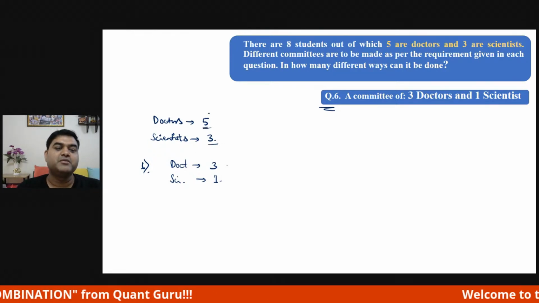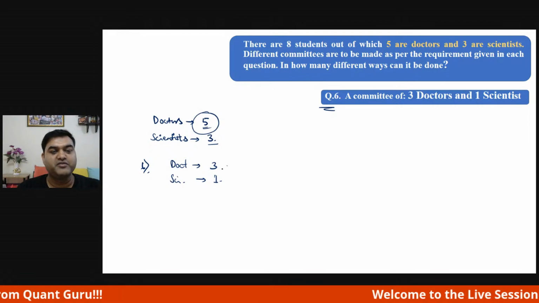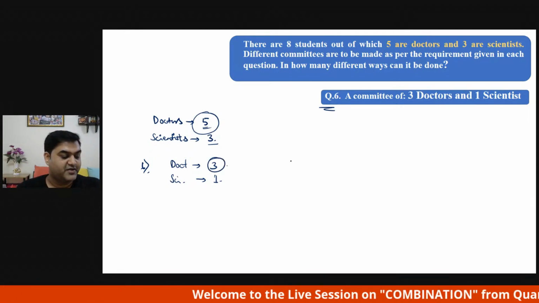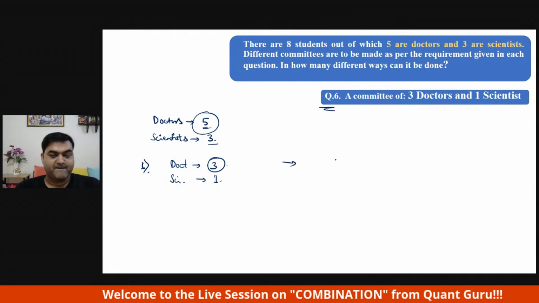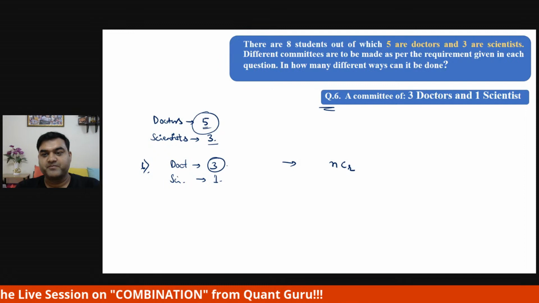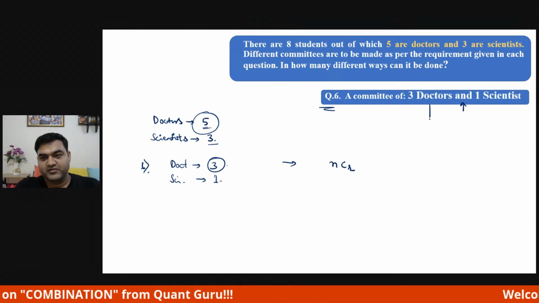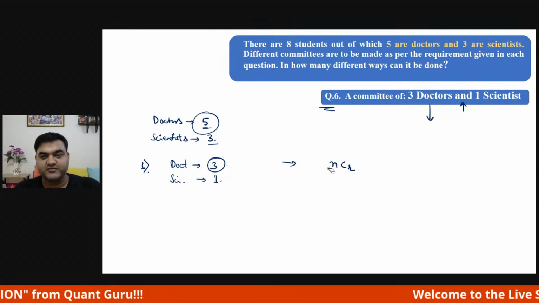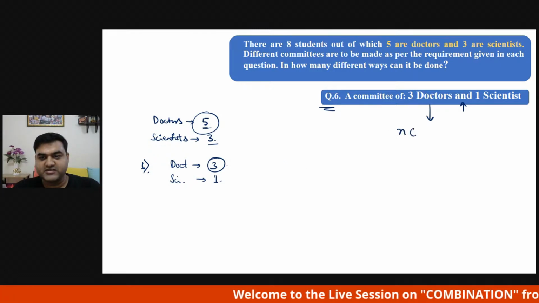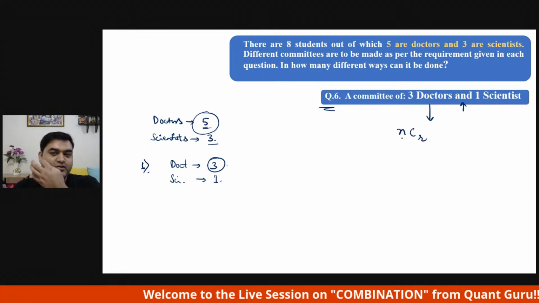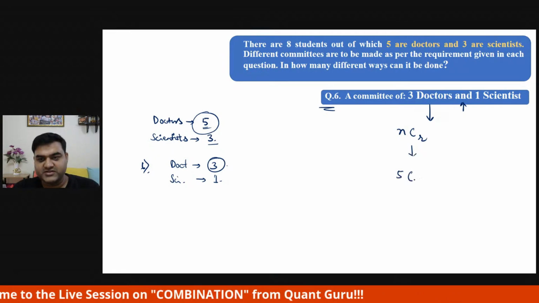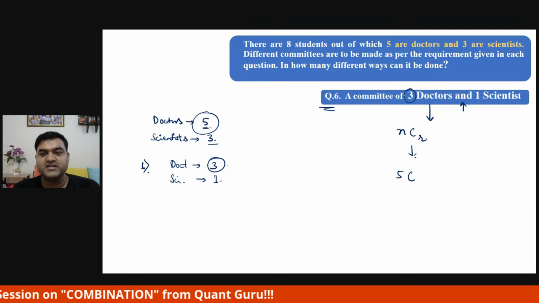Total doctors available are 5. How many do we have to choose? 3. So how will we do it? This is a question of nCr, 3 doctors out of 5. nCr: the n value is the total, which is 5, and the r value is 3.